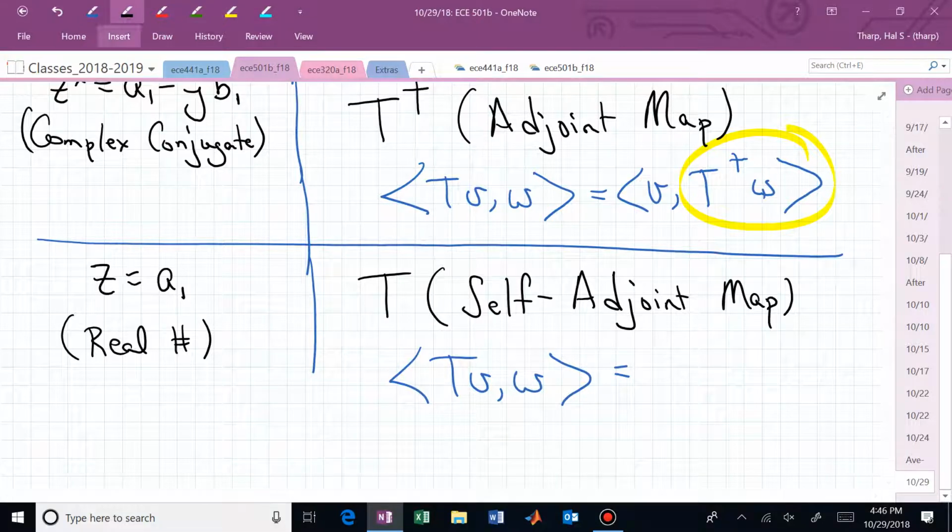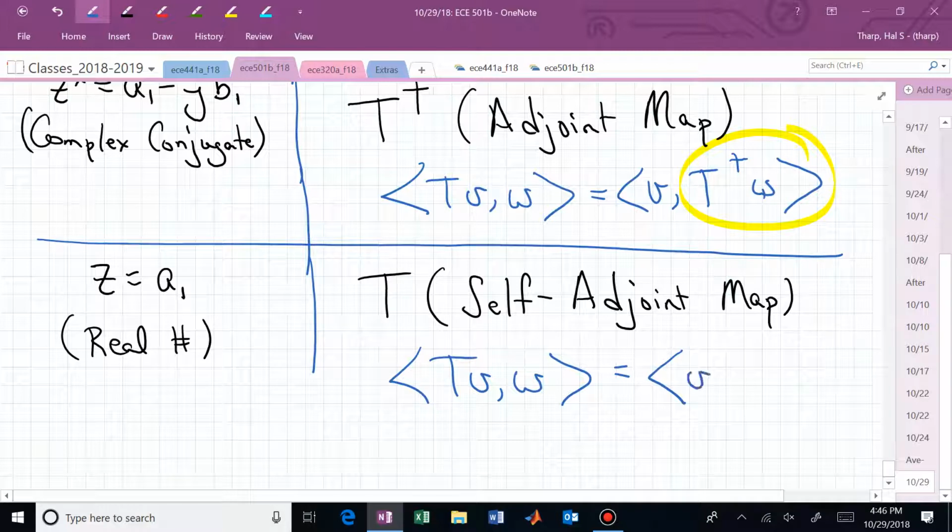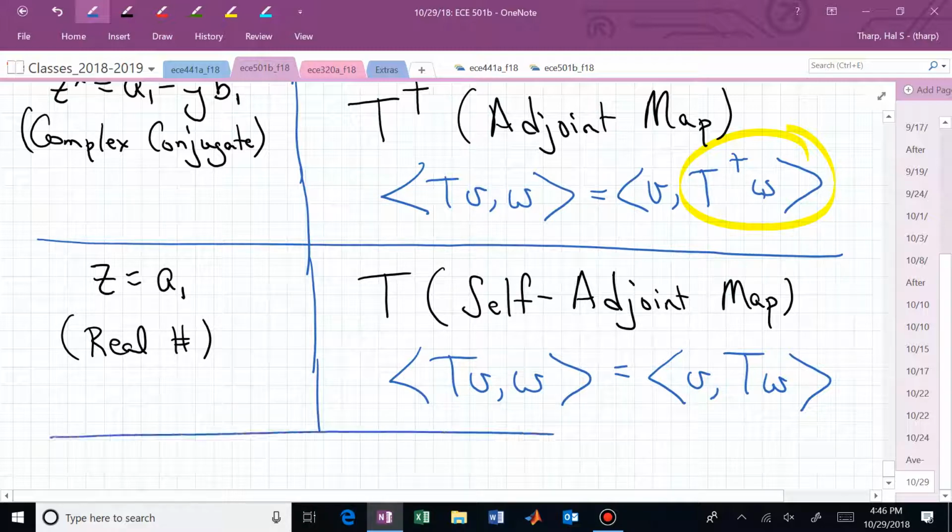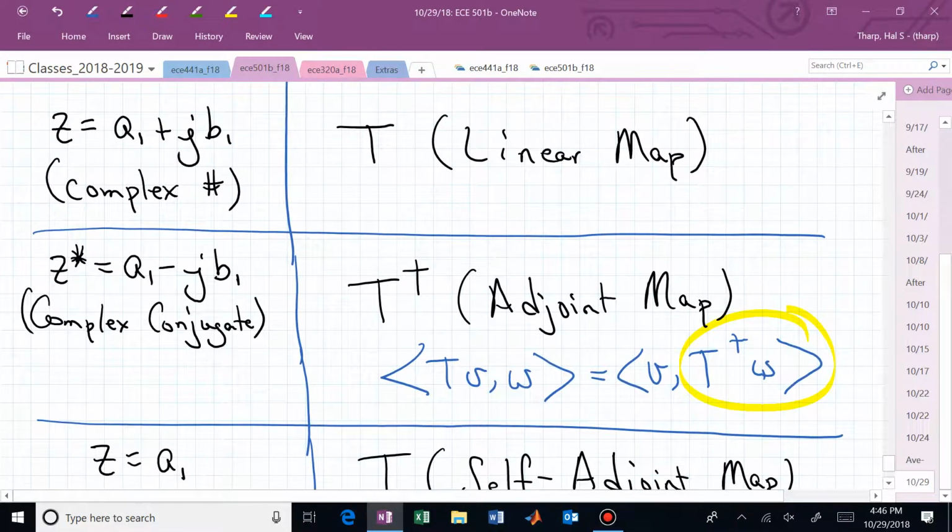And if T is equal to T dagger, we know how to replace it. We now say that the right-hand side is V, T applied to W. And that now is a way to think about numbers, complex and real, relative to maps.